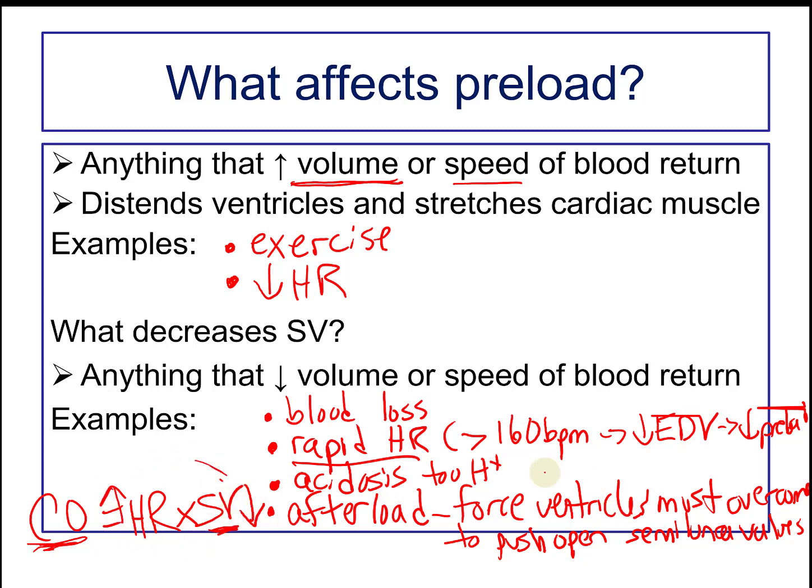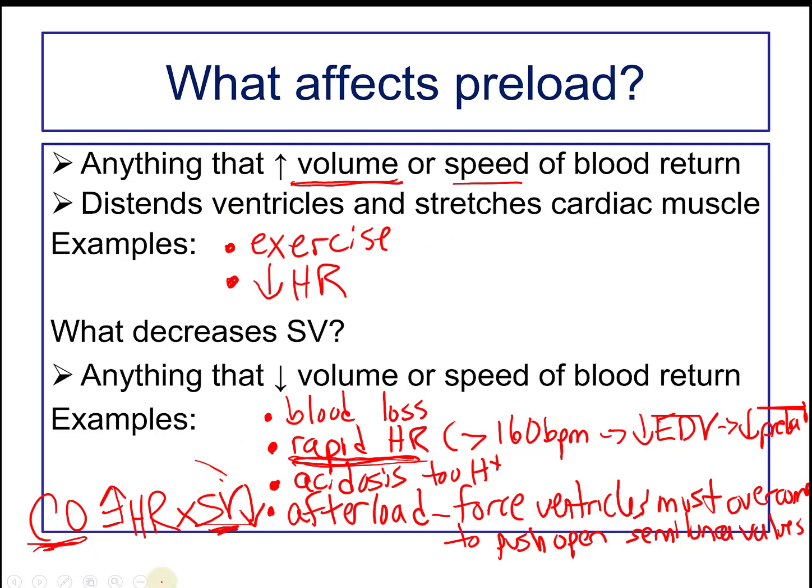As they destroy the myocardium and their stroke volume and preload drop, their heart rate goes up. But of course, that isn't good, because that doesn't allow the ventricles to fill completely. So it's kind of a vicious cycle. So again, in order to improve your cardiac output and the efficiency of your heart, you want to increase your preload. And exercise and finding ways to decrease your heart rate is a good way to start.